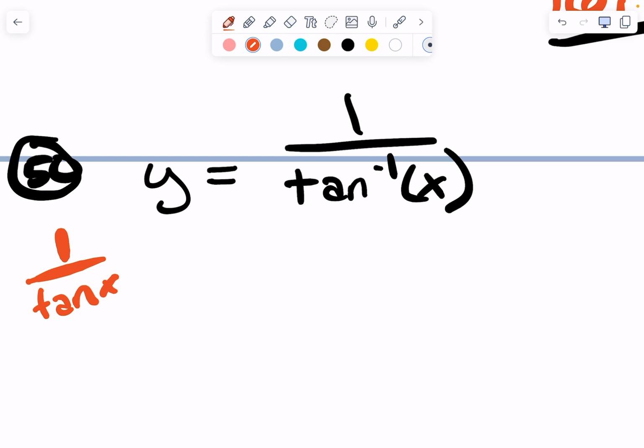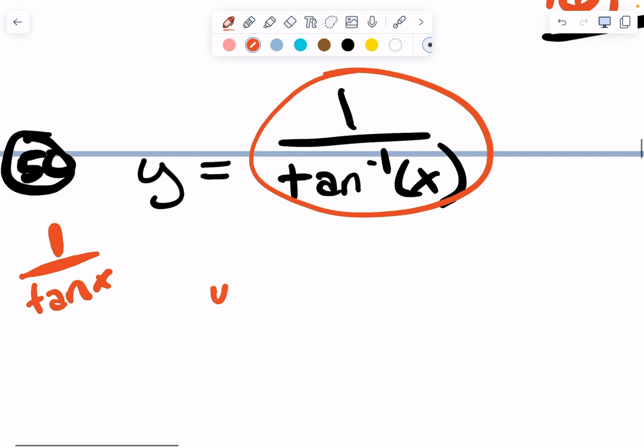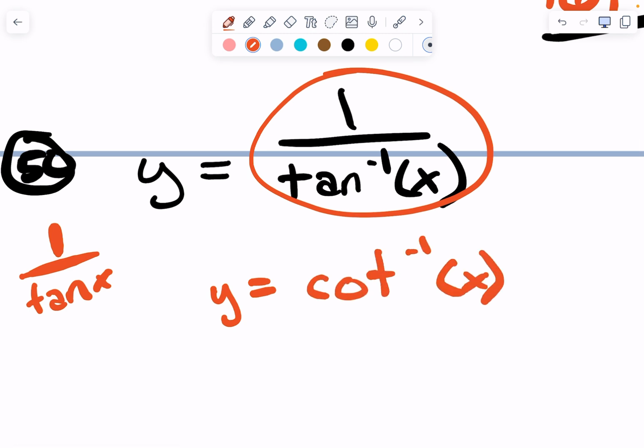Inverse tangent? No. Cotangent. Cotangent, right? Oh yeah, that makes sense. So what's 1 over inverse tangent? Inverse cotangent, right? Yeah, like that means this, right?